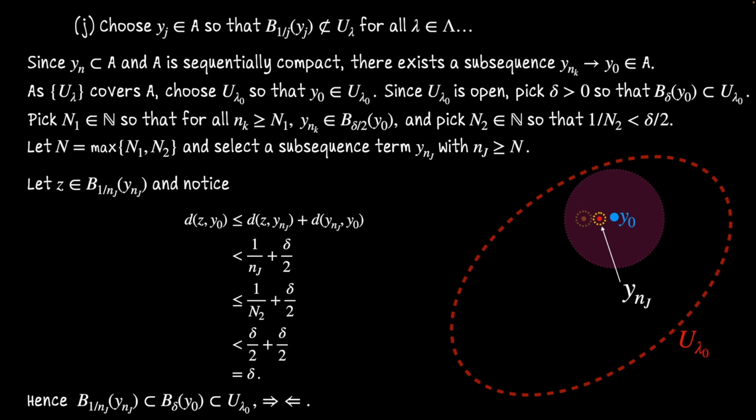Because here, the 1 over n_j neighborhood around y_{n_j} is entirely contained inside of the delta neighborhood around the limit, which we know to be entirely contained inside of the open set U_{lambda_0} from the open cover. So that violates how the sequence was constructed, which means the construction wasn't possible. Therefore, there is such a special radius epsilon_0.